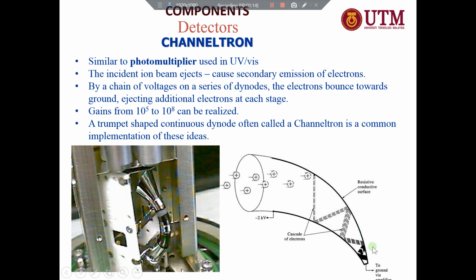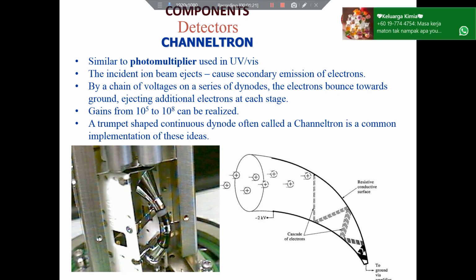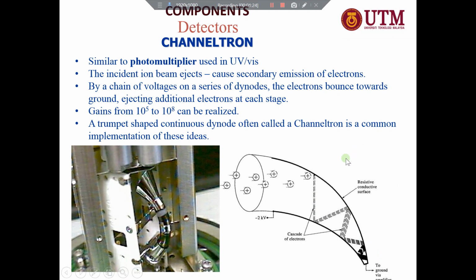Okay, when it reaches the ground, we will have multiplying of the electrons. We will have a multiplied number of electrons. So the signal, the sensitivity will be increased much more significantly compared to the Faraday cup. What else do we have over here?